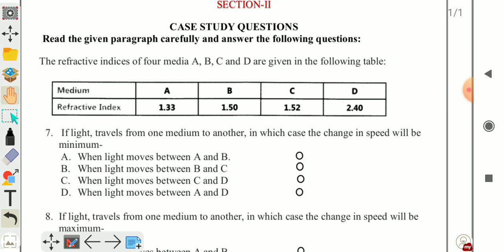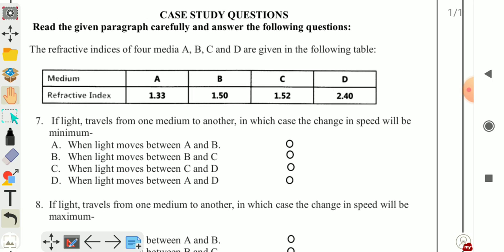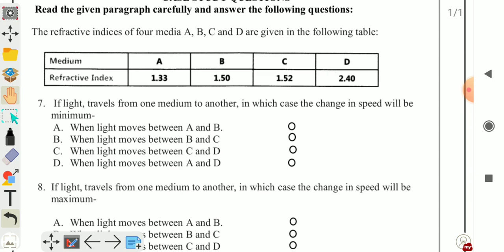In these 4 options, light moves between A to B, between B to C, between C to D, and between A to D. So refractive index में difference जो है which is minimum in B and C. So the correct answer will be B. When light moves between B and C, the change in speed will be minimum. So your correct answer will be B.